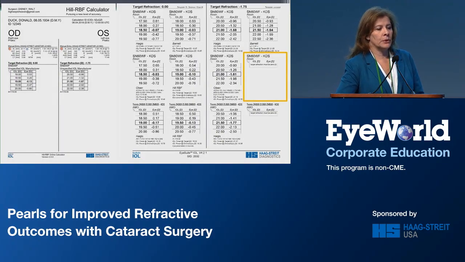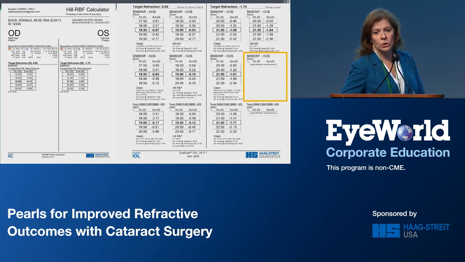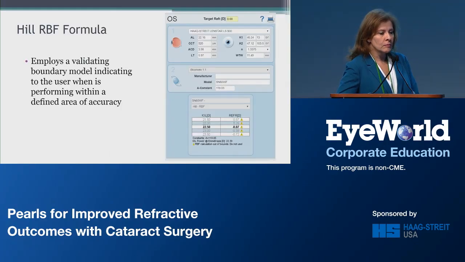And here we can see the printout from the online calculator, very similar to the printout that you obtain from the LensStar, but now we have our patient's calculation. One thing that we love about the formula is if there is a measurement that doesn't make any sense at all, it warns us that the measurement is out of bounds, that we should be careful or not to use that power based on the formula.